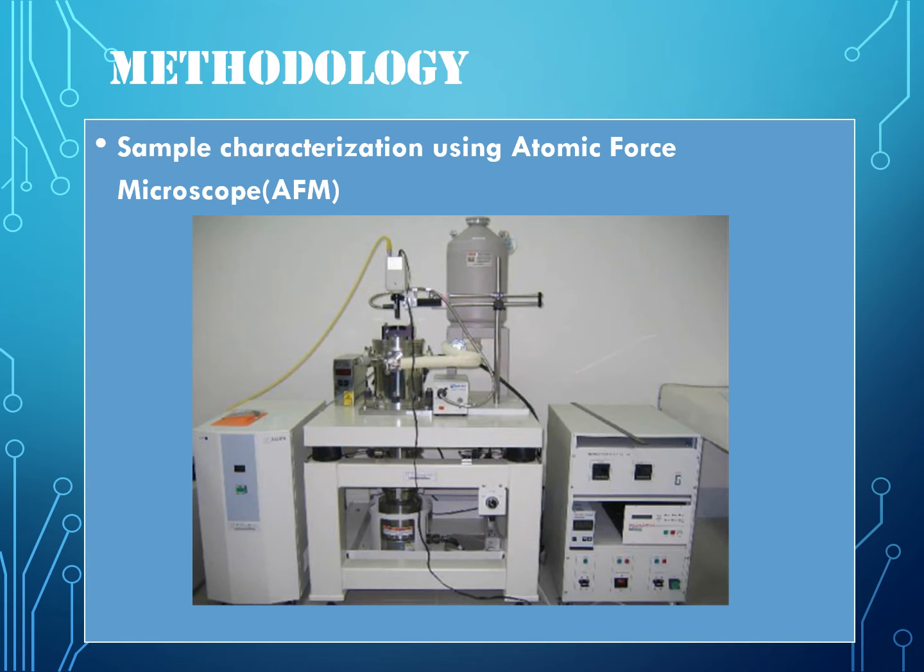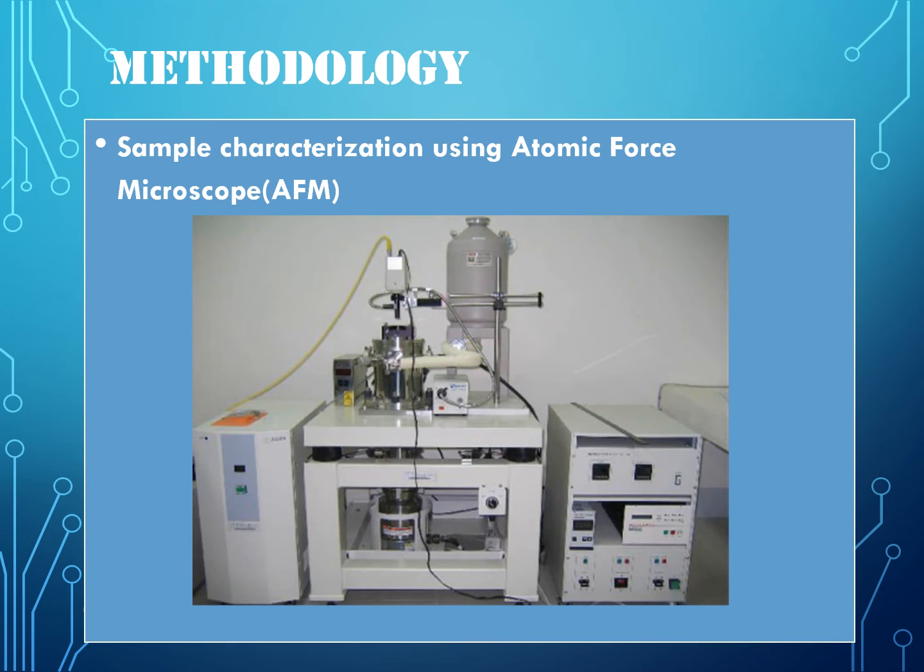Next, sample characterization. The treated samples are characterized using an atomic force microscope, AFM, in the figure given. An atomic force microscope is a high resolution type of scanning probe microscope, SPM, that can resolve features as small as an atomic lattice in real space.